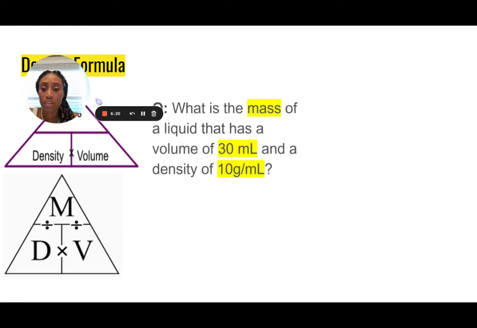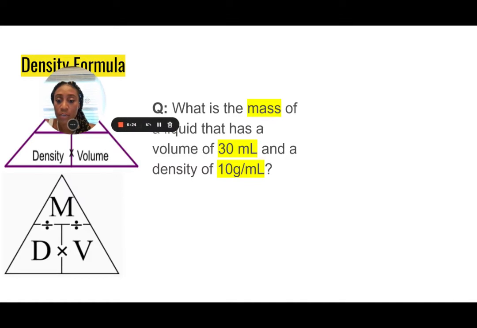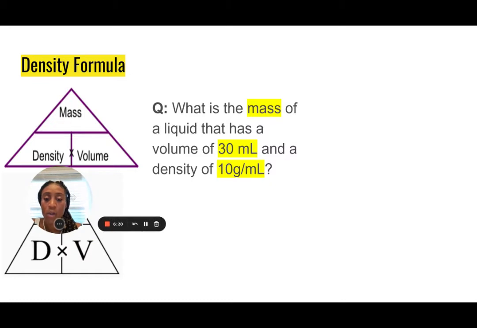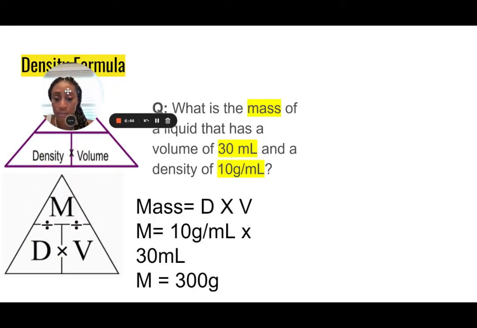So this question here is asking you to find the mass. It says, what is the mass of a liquid that has a volume of 30? So we're going to cover the mass right here. We're going to put the 30 here times the density of 10. So 10 times 30 is 300 grams. And that's how you find the mass.